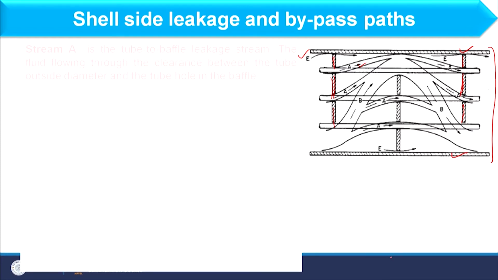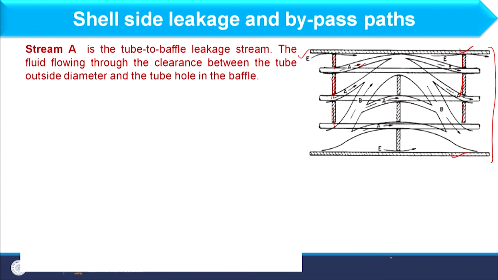First of all we will focus on stream A. Where is this A stream available? A stream is available in the gap between the holes which are available in the baffle and the tube OD. So, that is basically the gap between the hole which is made in the baffle and the tube OD.